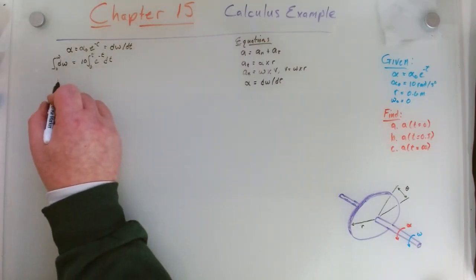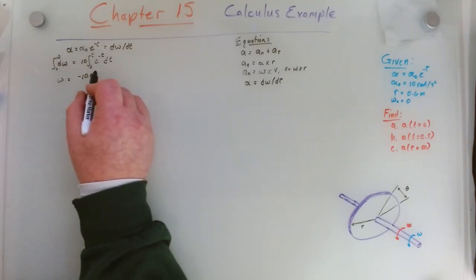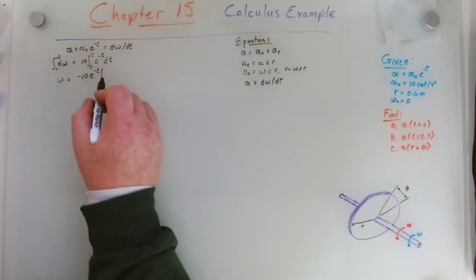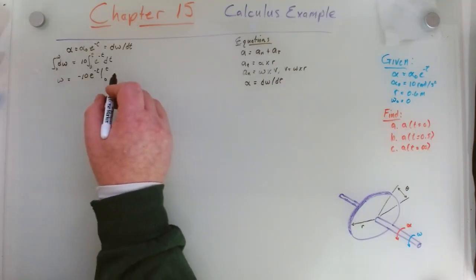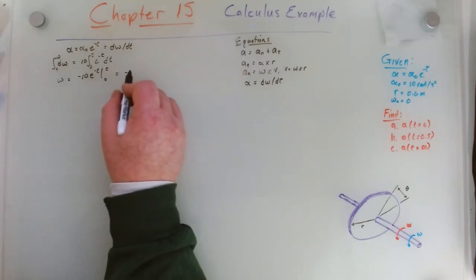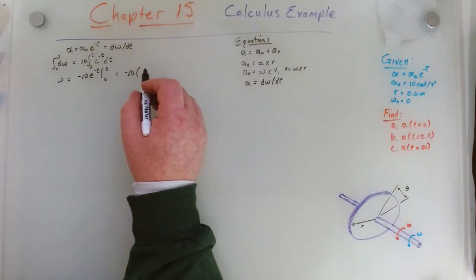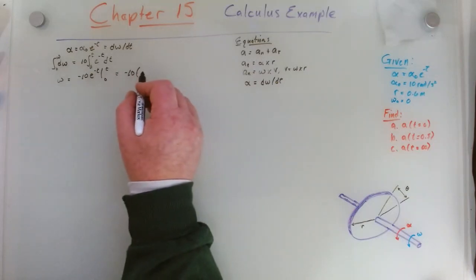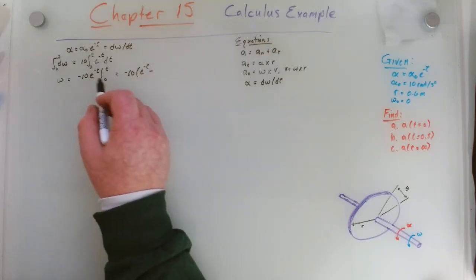Alright, so omega is equal to minus 10 e to the minus t. We're going from 0 to t. So that is equal to minus 10 times e to the minus t minus e to the 0, which is 1.